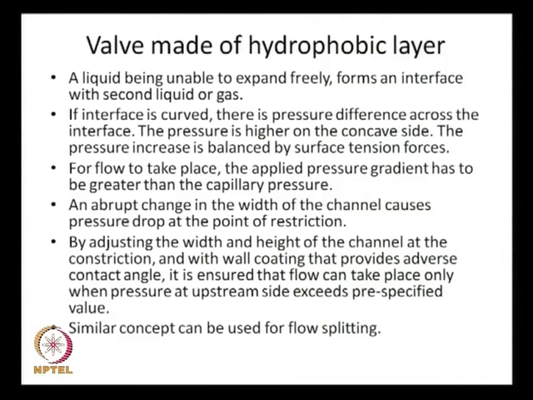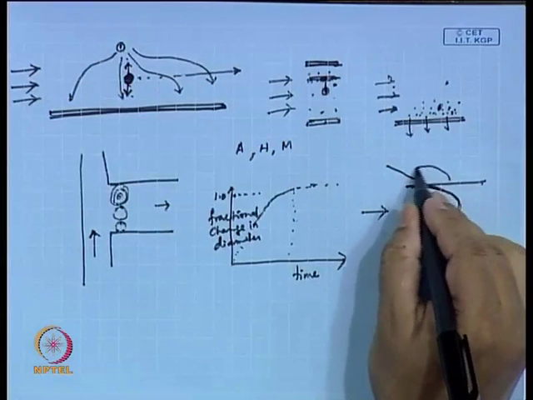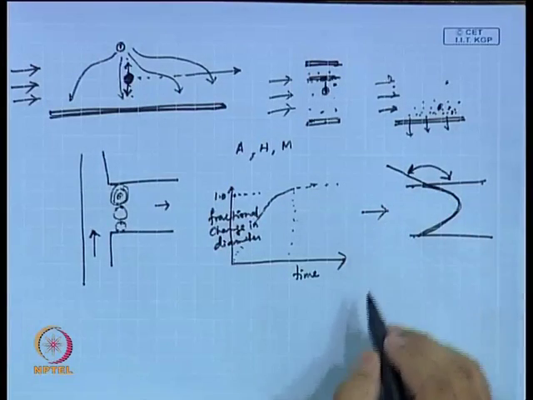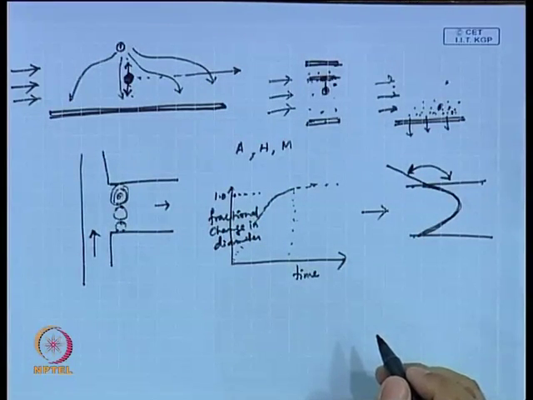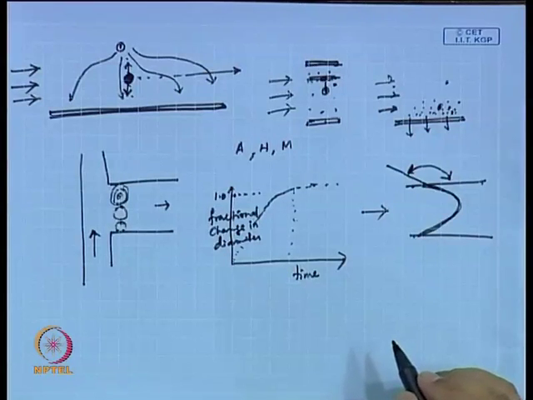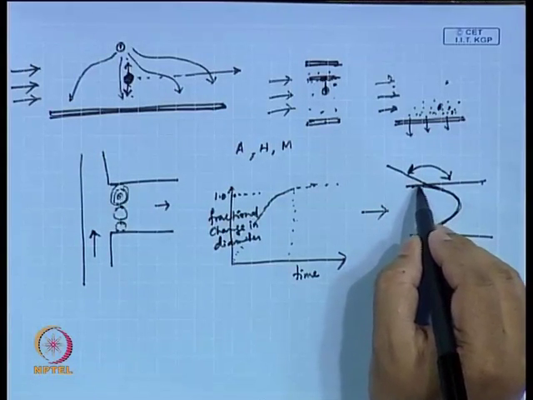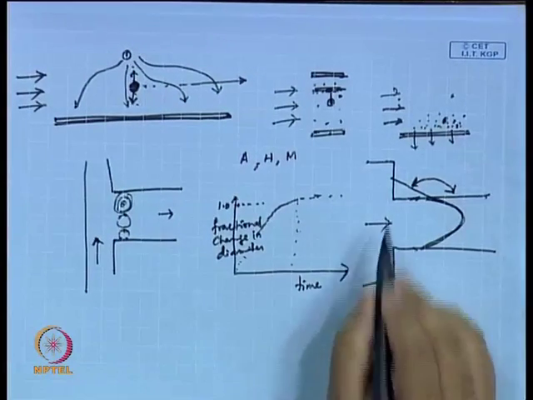What is the formula you have there? If this is the angle it makes, suppose this is the angle it makes, okay, and if you have an abrupt change in the width of the channel, that means suppose you have the channel which is having an abrupt change in the width.